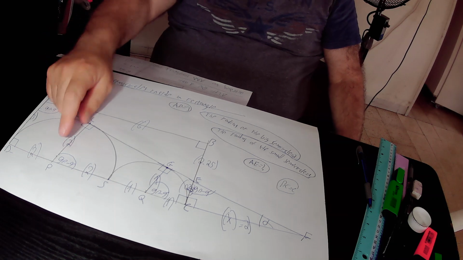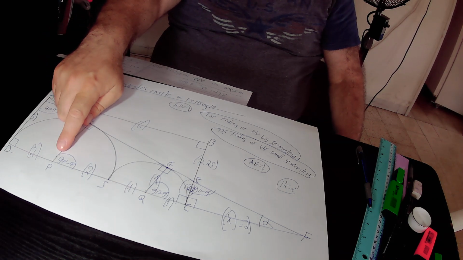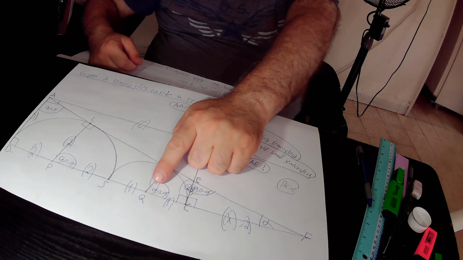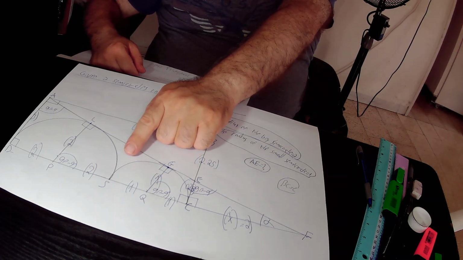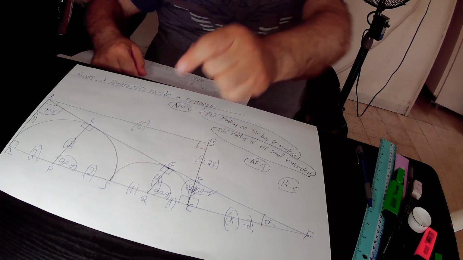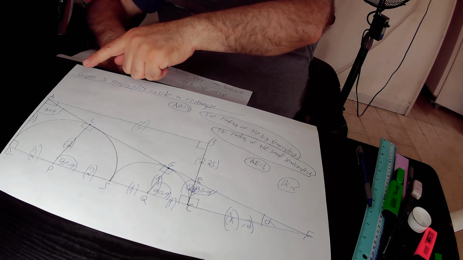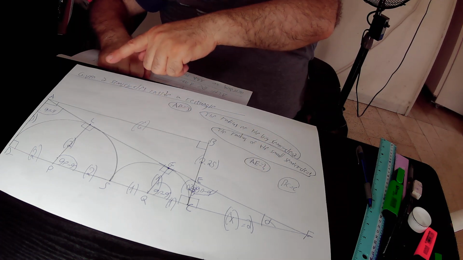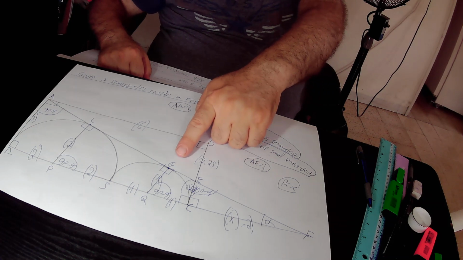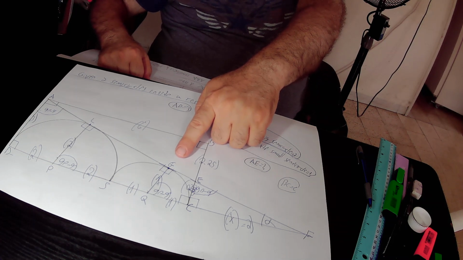The center of this big semicircle is point P. The center of this small semicircle is point Q. The touching point between the big semicircle and the small semicircle is point S. The point of tangency of tangent AE with the big semicircle is point L. The point of tangency of tangent AE with the small semicircle is point G.